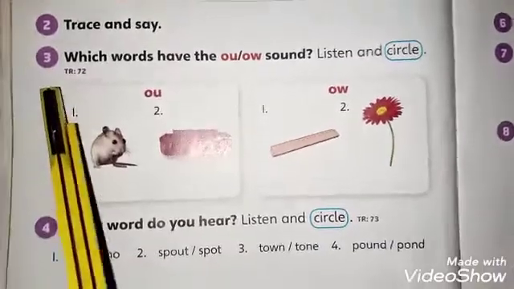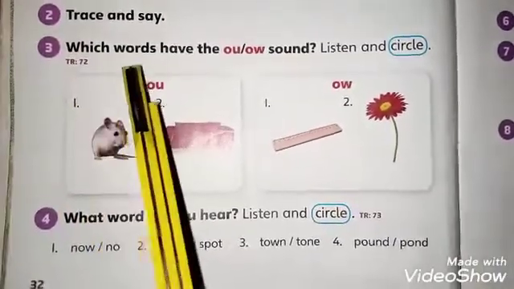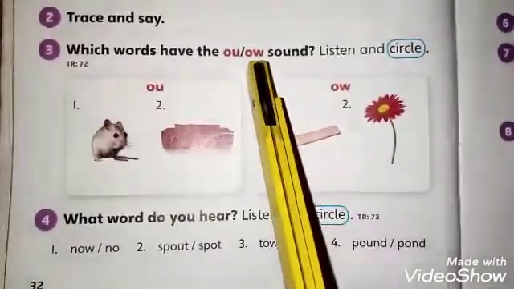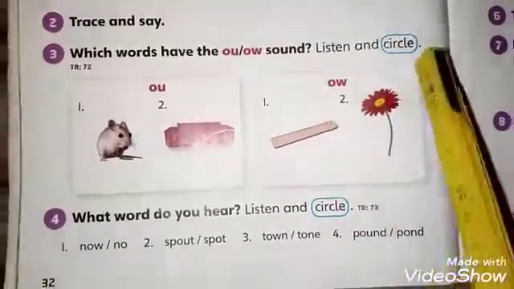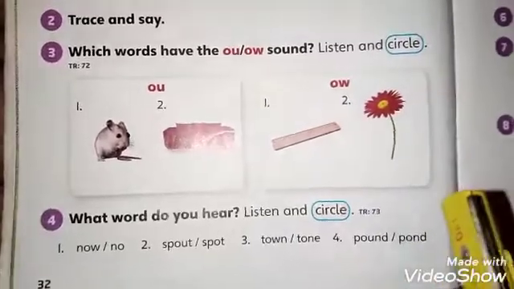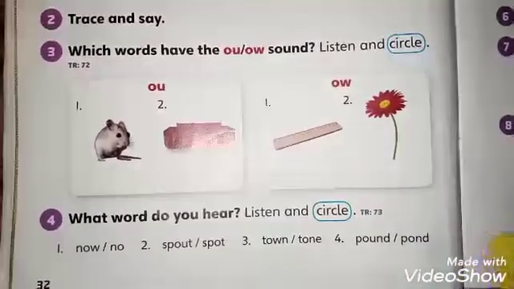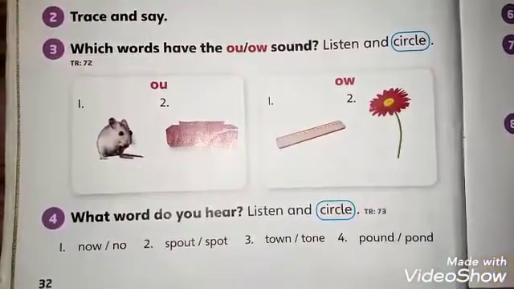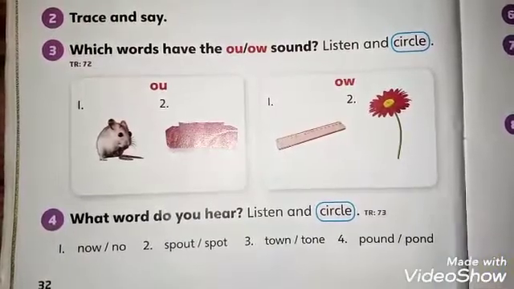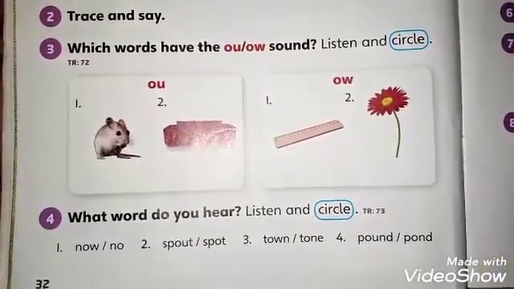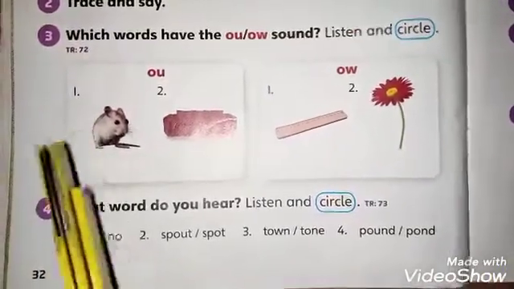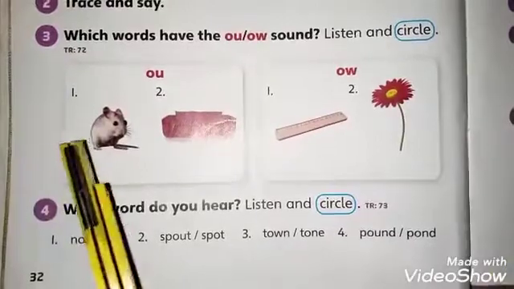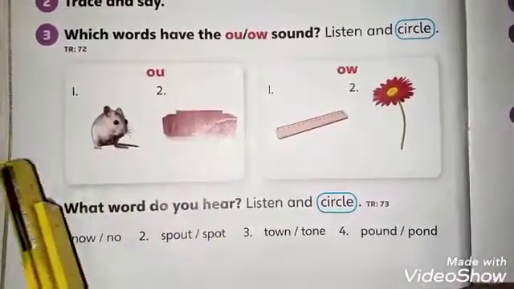Now, activity 3. Which words have the OU and OW sound? Listen and circle. I'm going to play track 72 now. Activity 3. Which words have the ow sound? Listen and circle. O-U. Ow.